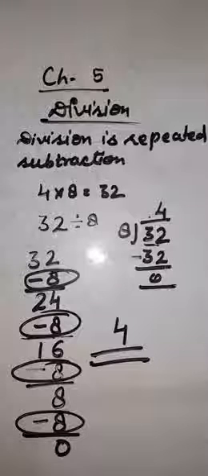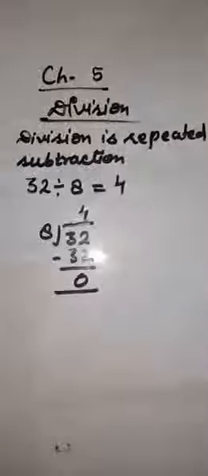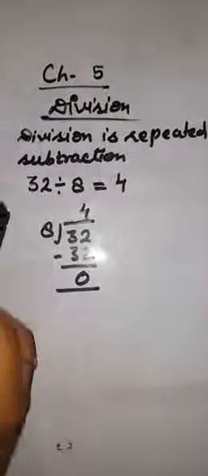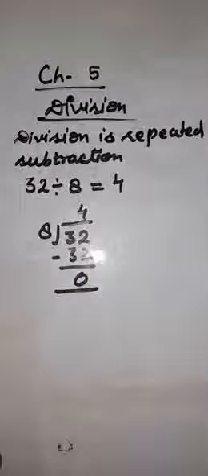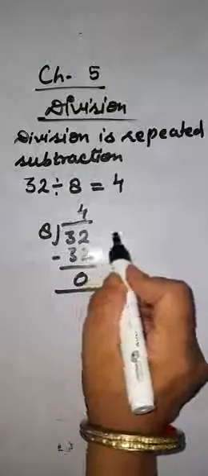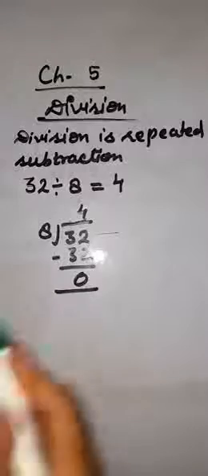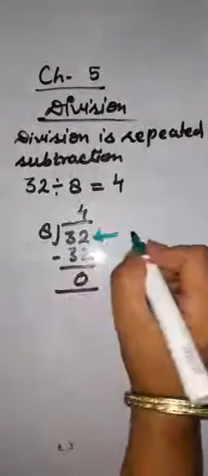Here, 32 divided by 8 is equal to 4. The number to be divided is called the dividend.